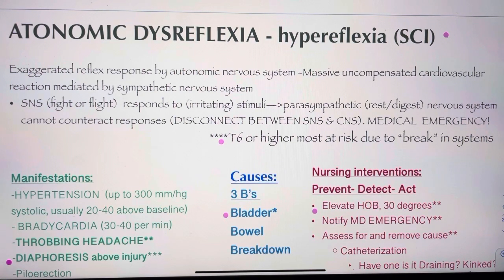So that means there's a disconnect between the SNS and the CNS, which is considered a medical emergency. This is usually due to an injury at T6 or higher. They are most at risk for this autonomic dysreflexia due to that break in the SNS and CNS transmission.